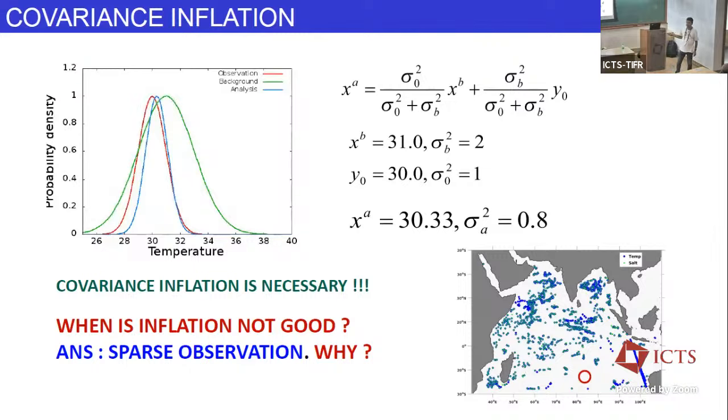So over here, if you keep on inflating, the model error variance keeps on increasing here without any mechanism to decrease it, because there are no observations and data assimilation does not affect this place.